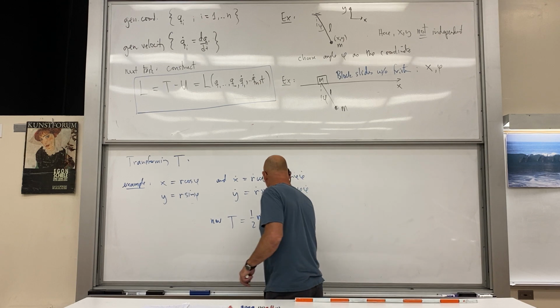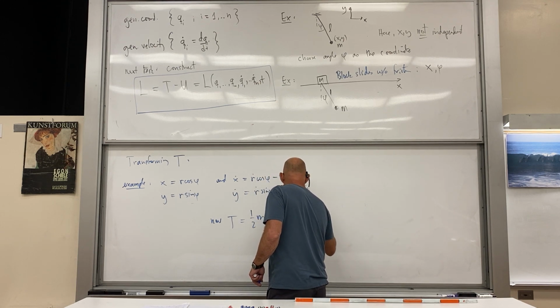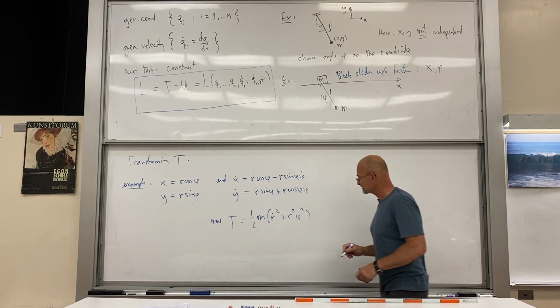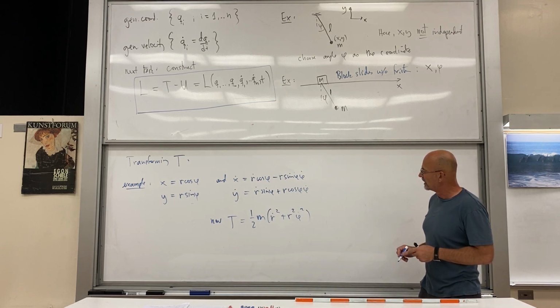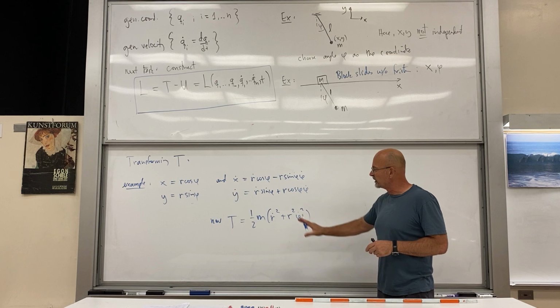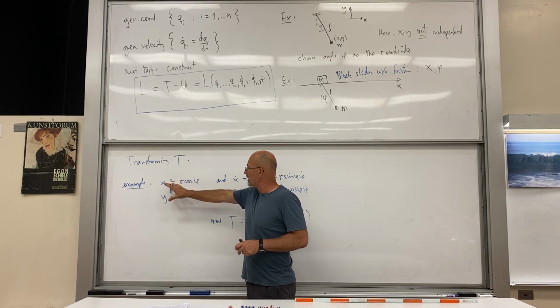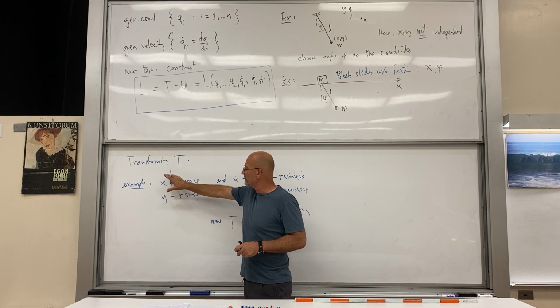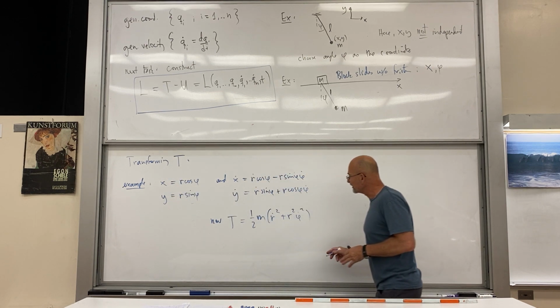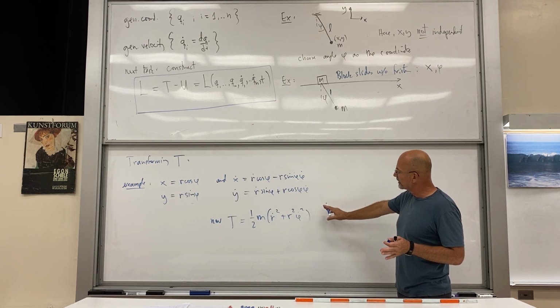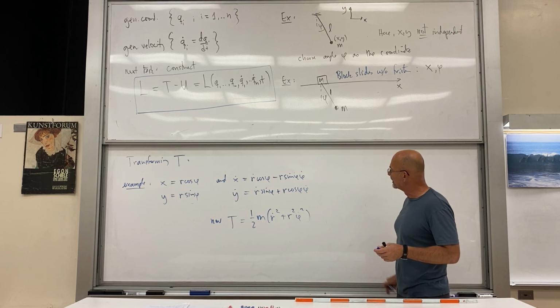So we ended up with r dot squared plus r squared phi dot squared. So what we're going to do next is do this in a general case, for some general transformation. This example we've done before, we're comfortable with.